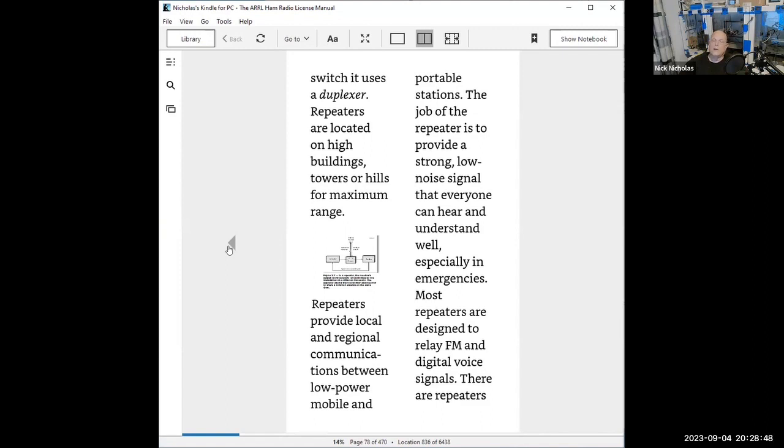Our repeater links connect repeaters from Sandusky, Ohio, all the way along the east side of the state of Michigan to Sault Ste. Marie in the Upper Peninsula. We have repeaters all the way in between, and it's not unusual for me in the morning to run out, get a cup of coffee, and talk to hams anywhere along that length.